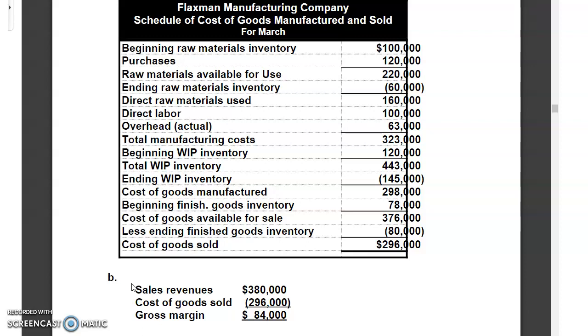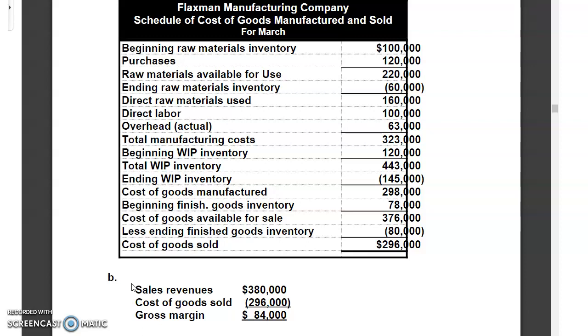Now, when we are making inventory, the cost of the raw materials, the cost of the labor, and the cost of the overhead is going to go into work in process while we are in the process of manufacturing. So the total manufacturing cost, $323,000, is going to add into the beginning work in process.